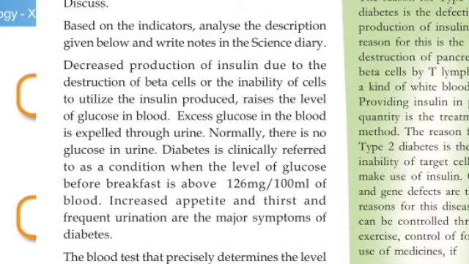In that condition, a person's blood glucose level is above 126 milligram per 100 ml. The normal level of glucose is 70 to 110. But a person with diabetes mellitus has a glucose level above 126 milligram per 100 ml before breakfast, not after.